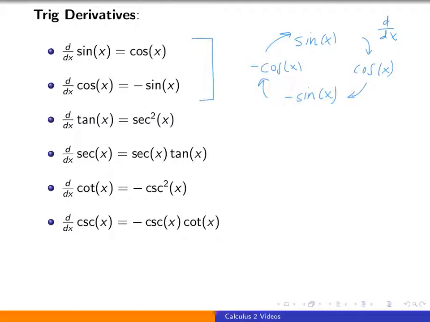Notice the derivative of cosine has a minus, cotangent has a minus, cosecant has a minus. So the derivatives of all of those co-functions are the only ones that include a minus in the differentiation formula.